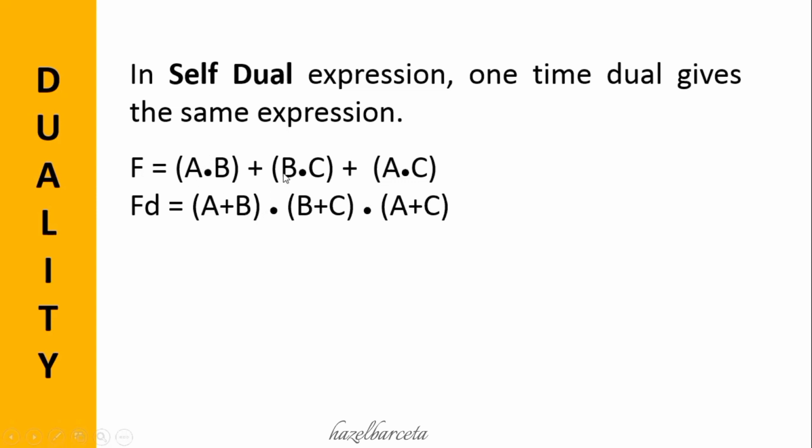So, A, B, B, C, A, A. Then, papalitan po natin yung ating operator. So, here, ang ating multiplication, gagawin natin plus. Ang ating plus, gagawin natin times. Ayan, and so on and so forth. So, ito na po yung ating dual. Then, ang sabi, after simplification, lalabas pa rin po yung ating original function.